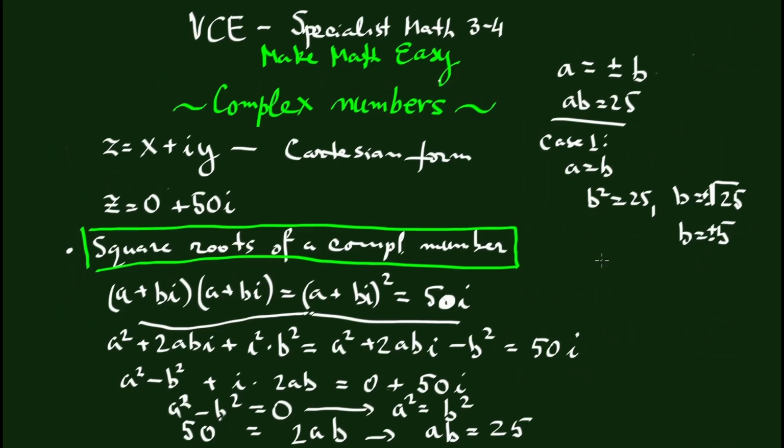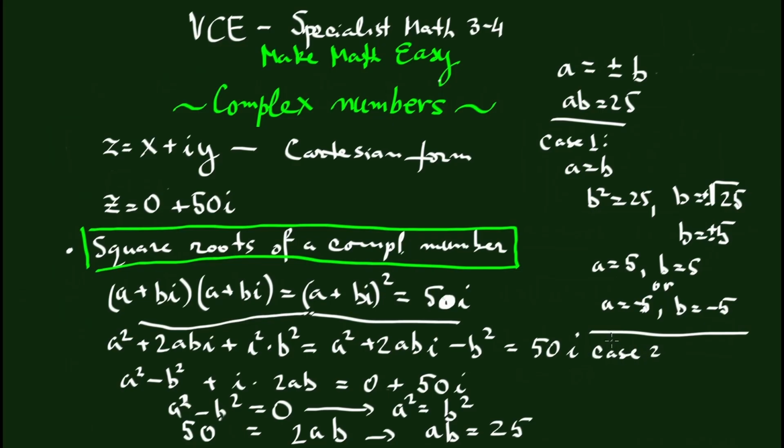Therefore we have a equals 5 and b equals 5, or a equals minus 5 and b equals minus 5. That's our case 1.